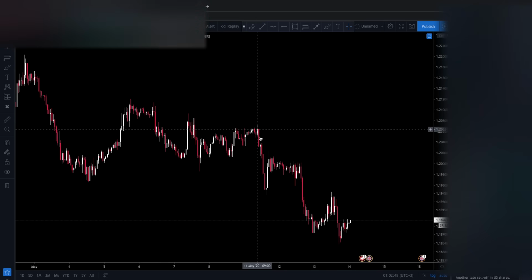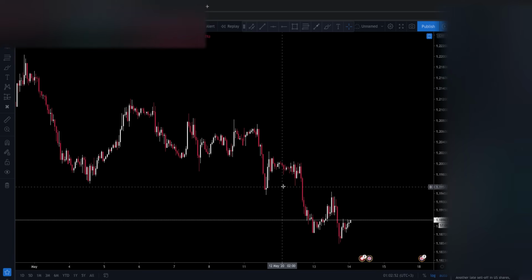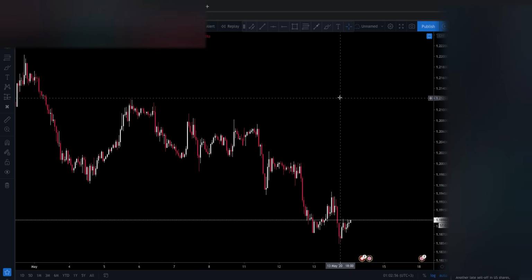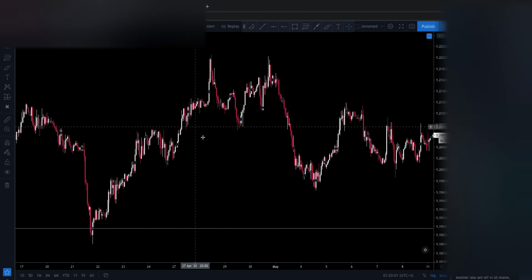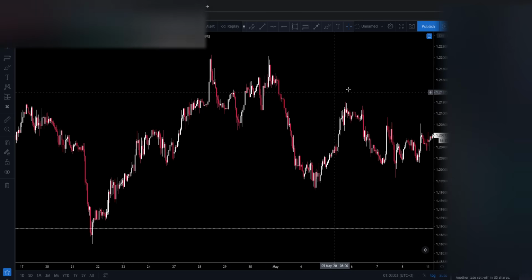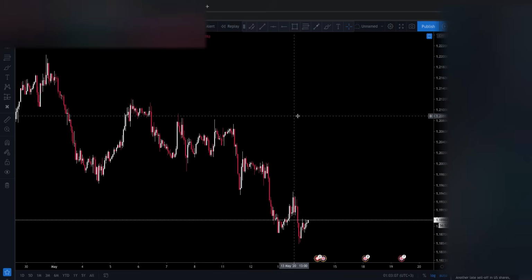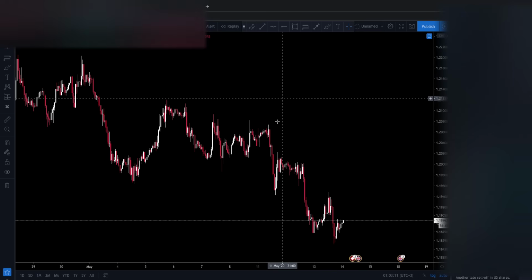For example, you can see lower highs, lower lows, lower highs, lower lows. This means the market is in a downtrend. In a downtrend, you only want to look for sells, and in an uptrend, you only want to look for buys. Now, how do you trade with the trend? This is where support and resistance and Fibonacci come into play.